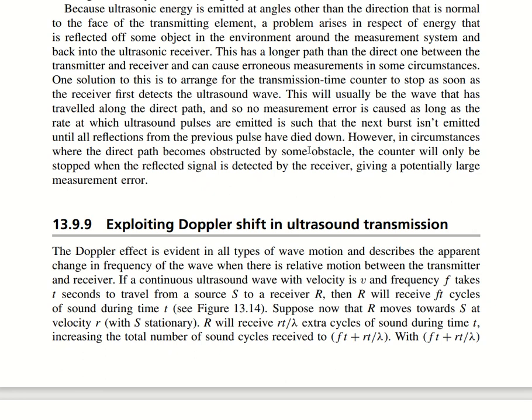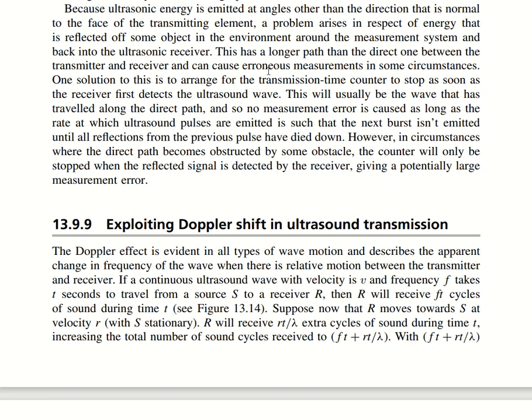So one solution is to arrange for the transmission time counter to stop as soon as the receiver first detects the ultrasound wave, and it will usually be the wave that has traveled along the direct path, and so no measurement error is caused, as long as the rate at which ultrasound pulses are emitted is such that the next burst isn't emitted until all reflections from previous pulses have died down.